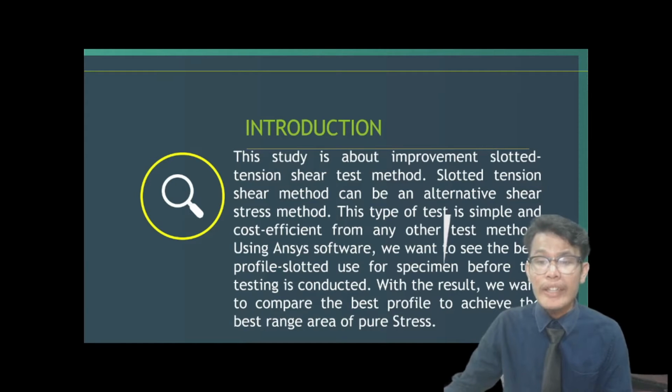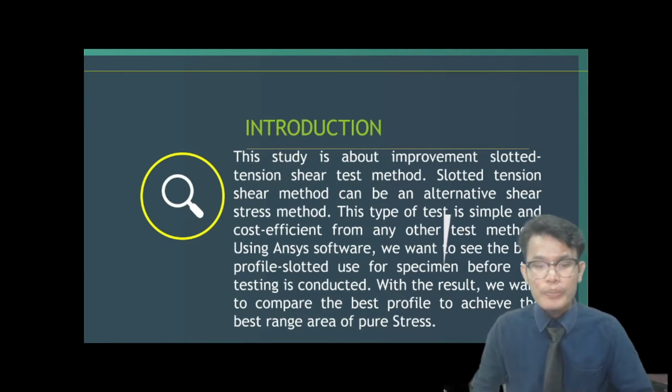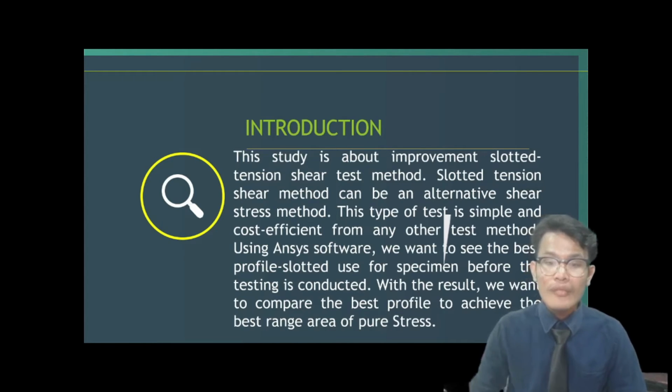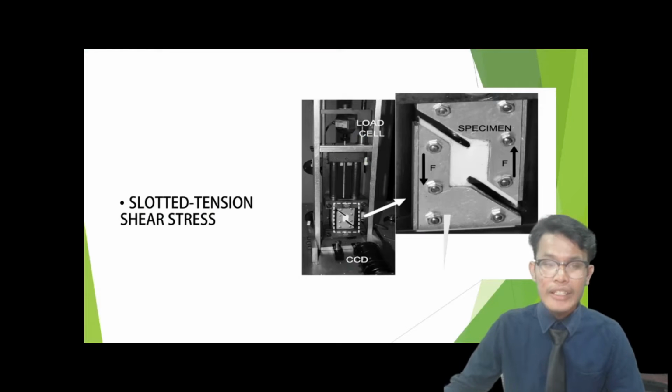By using ANSYS software, we want to see the best profile slotted used for the specimen before testing is conducted. With the result, we want to compare the best profile to achieve the best range of shear stress. Here are examples of the slotted tension shear test performed in the lab.